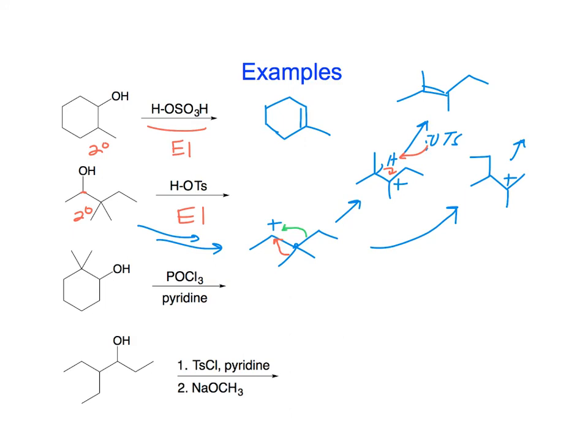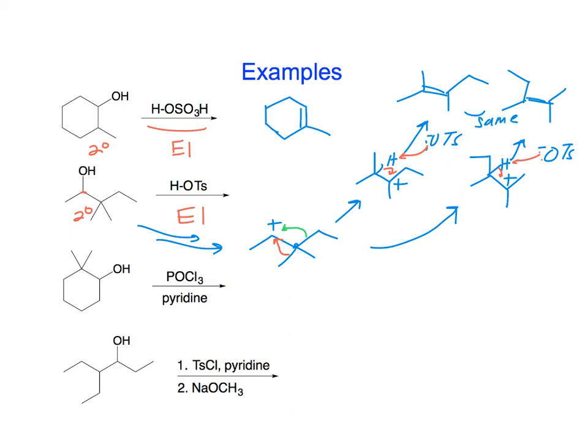And for this intermediate, a similar thing to give us this alkene. So are those the same or are those different? These end up being the same, right?